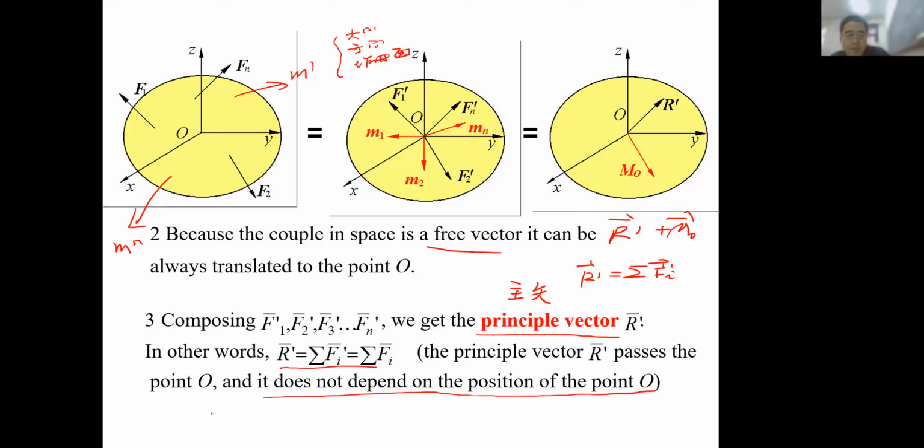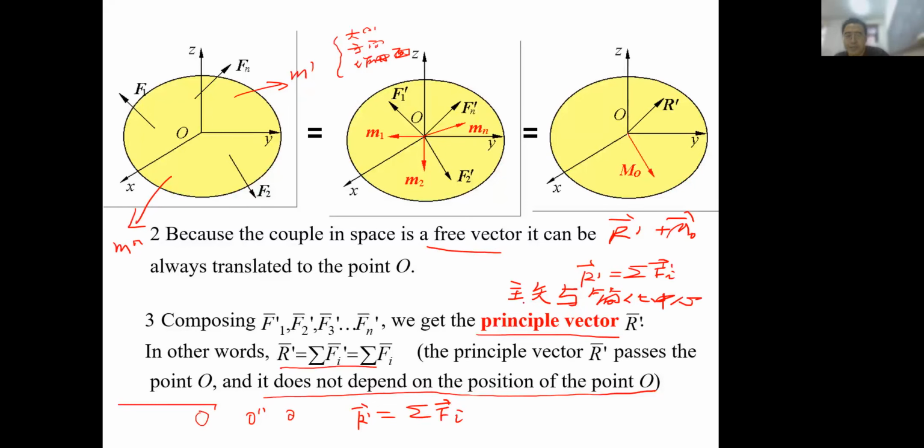So how should we understand this sentence? That means if you like, you can arbitrarily select another point O prime, maybe O double prime, whichever point you like. We will find it does not depend on the position of the point, because at different points, the principal vector always equals sigma Fi. So in Chinese, we say 主矢与简化中心没有关系.